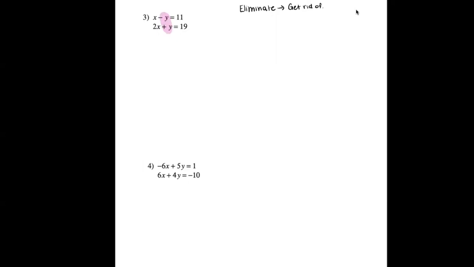So I'm going to think about just adding these two linear functions together. If I add x and 2x, I end up with 3x. If I add negative y and y, they cancel out, so I end up with 0. And if I add 11 and 19, I end up with 30.